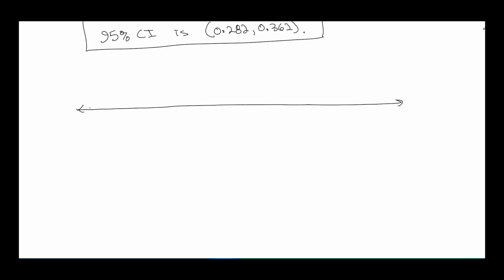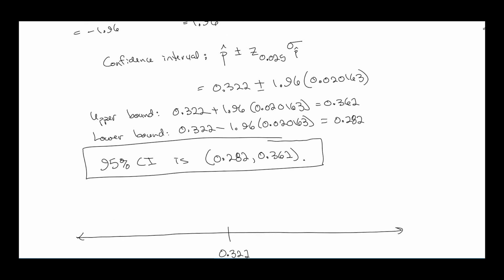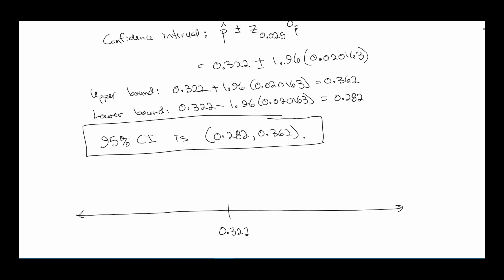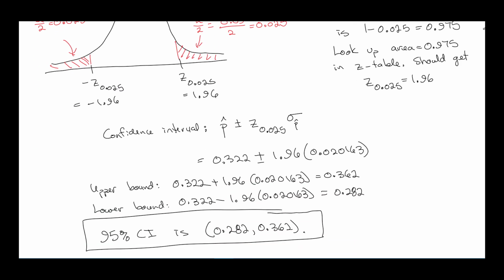So here's a number line, and here's our point estimate, our sample proportion. So here's our 0.322. Both of our confidence intervals are going to be centered on that. Let's look at which of these two are closest to it. We've got a 0.282 for my lower bound, and here we have a 0.289.